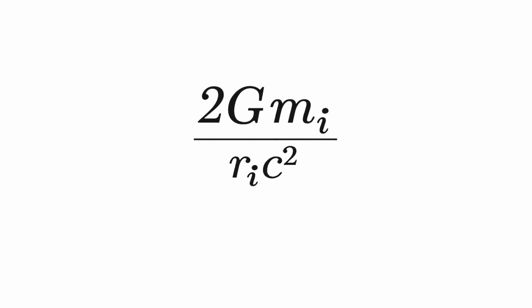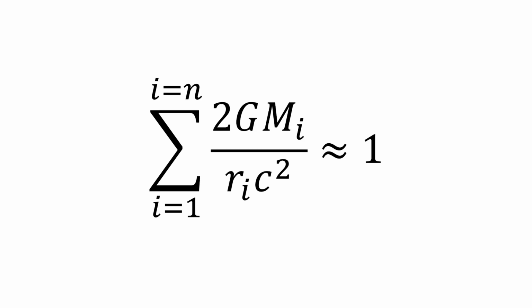Each individual object in the universe makes its own contribution to the time scale, which is proportional to its mass m sub e and inversely proportional to the distance r sub e to it. If we sum the contributions from all galaxies and other masses, we obtain a quantity that is approximately equal to 1. This is the very one in the Schwarzschild solution whose origin is hardly discussed in modern science.